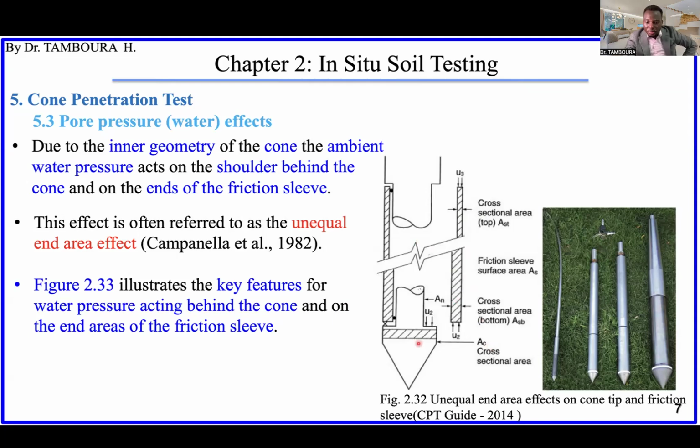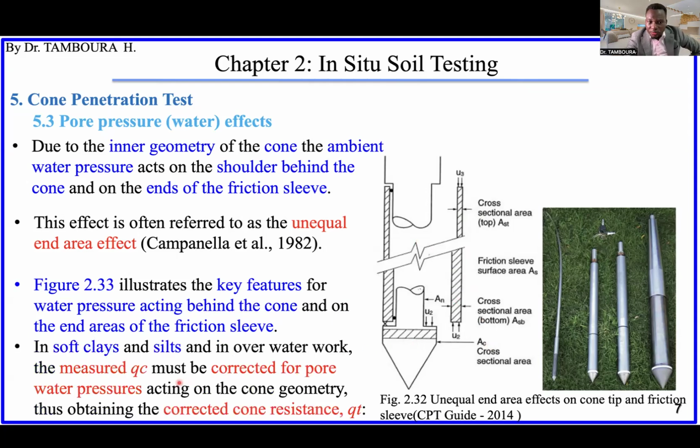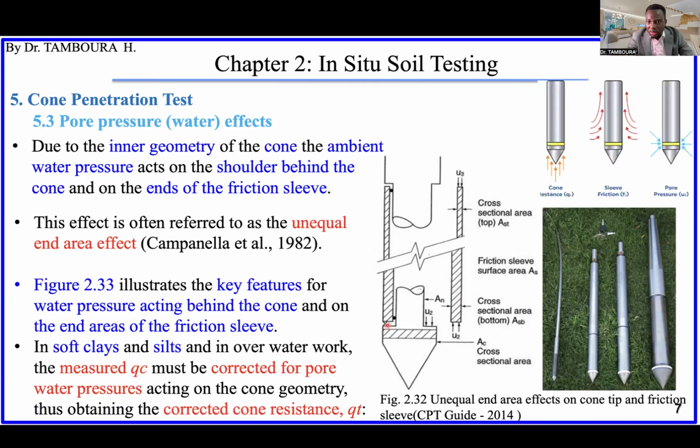So in soft clay, for example, and silt, and in over water work, the measured cone resistance must be corrected for the pore water pressure acting on the cone geometry.